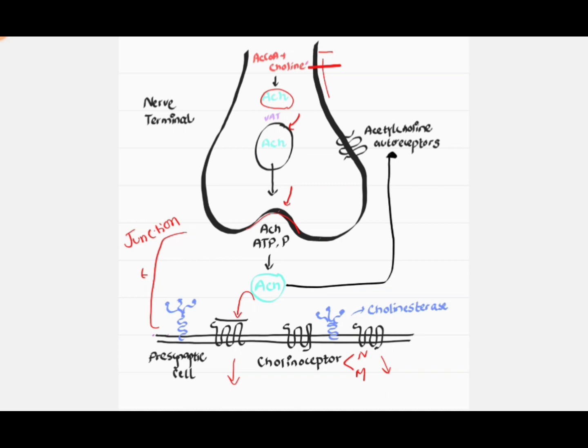However, the anticholinergic drugs bind and block these receptors, and hence they are known as anticholinergic drugs. So all the effects produced by the parasympathetic nervous system are reversed when any anticholinergic drug is introduced into the body.